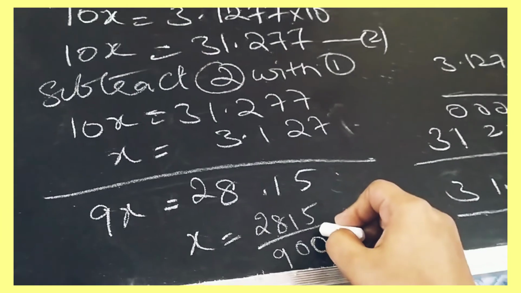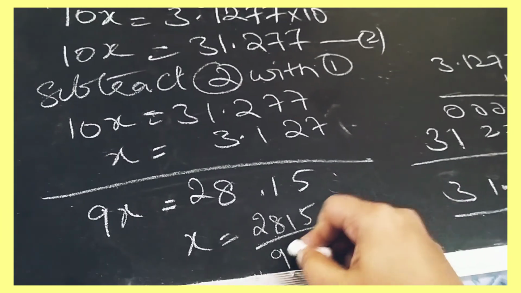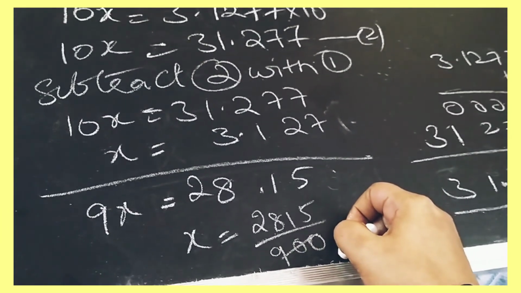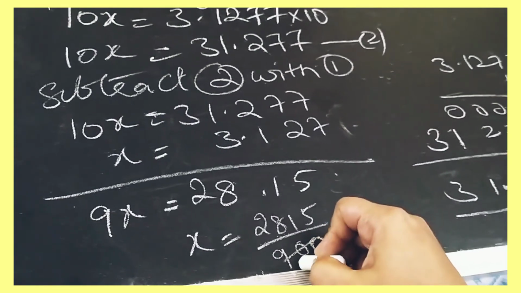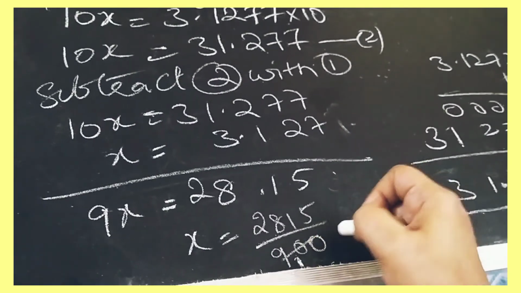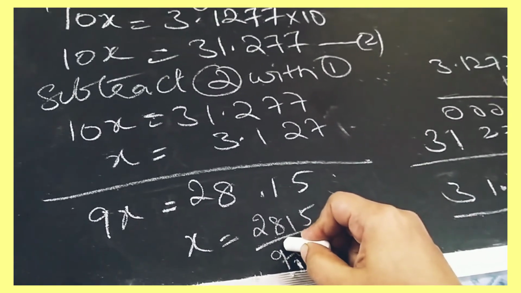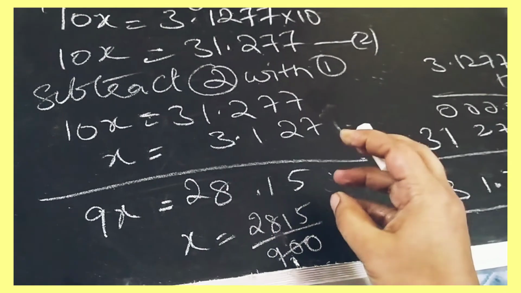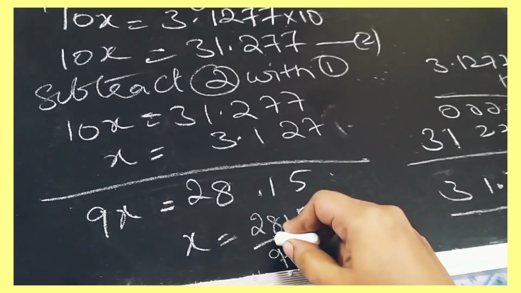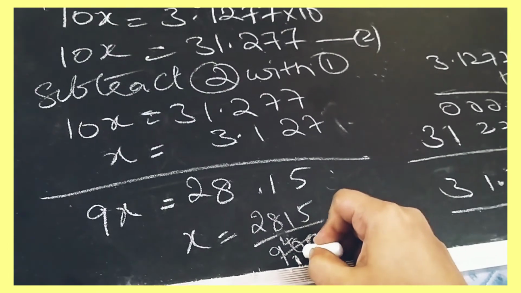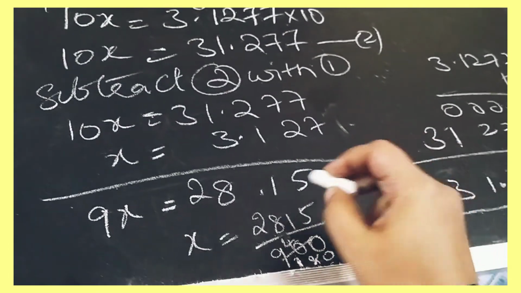So if we cancel it, 5 ones are 5, we can take. 5 ones are 5 means 6 7 8 9, 4 left here. 5 8s are 40, 0, it is 180.